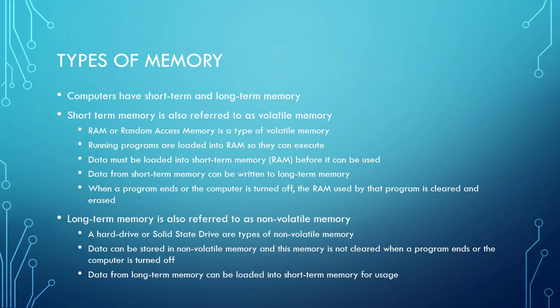Now, this is important: data from short-term memory can be written to long-term memory. We'll get to long-term memory in a moment, but this would be equivalent to, you experience something in your life, it's currently in your short-term memory, you don't want to forget it, so you pull out a diary or a journal and you begin to record on paper, using a pen, exactly what it is that you experienced, what you were thinking at that point in time, so that you can capture that information.